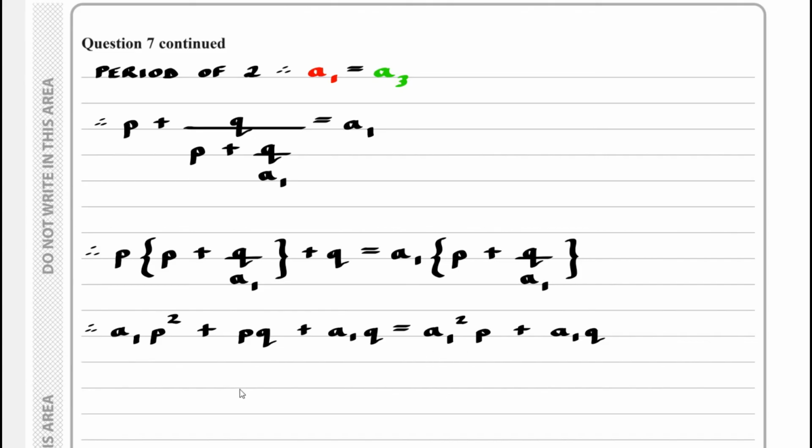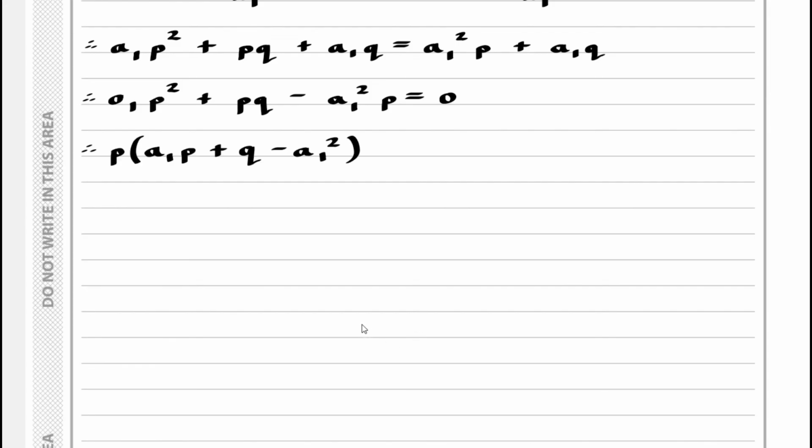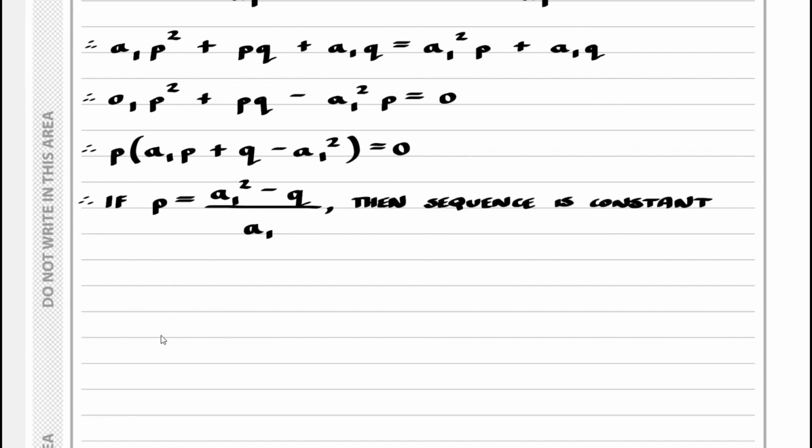If I rearrange, you will find a1p squared plus pq subtract a1 squared p equals 0, which then means that p lots of (a1p plus q subtract a1 squared) is equal to 0. And if p equals (a1 squared subtract q) over a1, then the sequence is constant, so the value of p we require is 0.